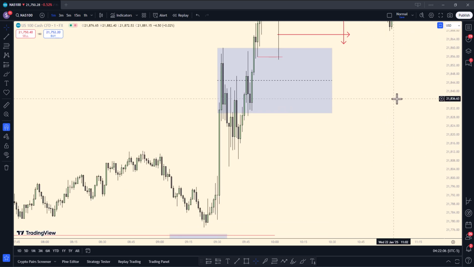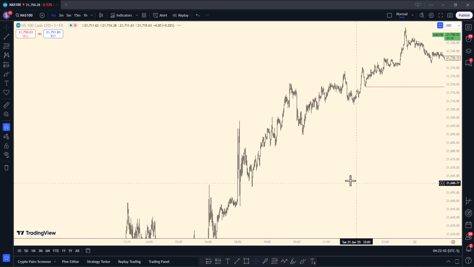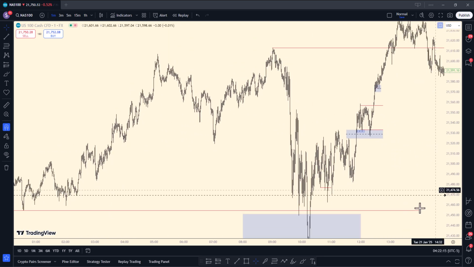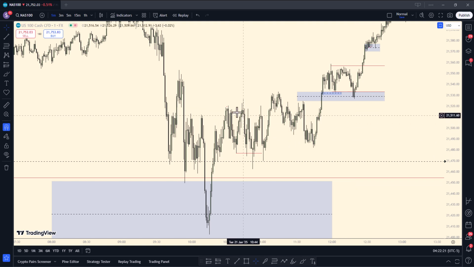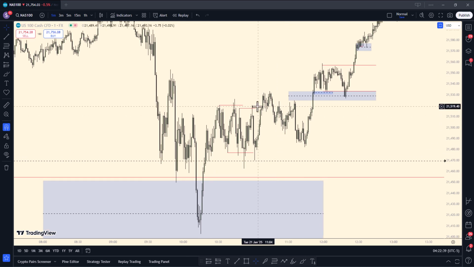For example, I believe yesterday, for example here, I know that a lot of people got cooked in this price action, but there is absolutely nothing in here that suggests we're going somewhere. You can see that we have sweeps here, we have sweeps here, we have another sweep here. This is a range, right? And it's not easy to trade.